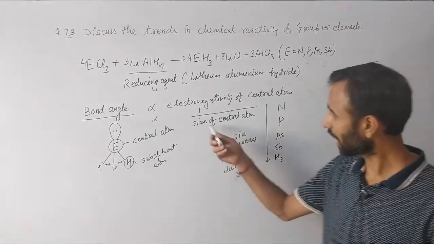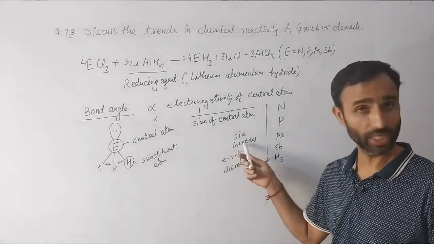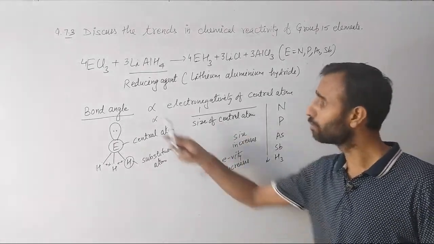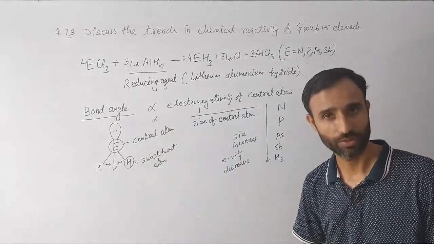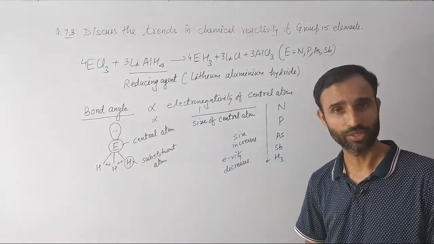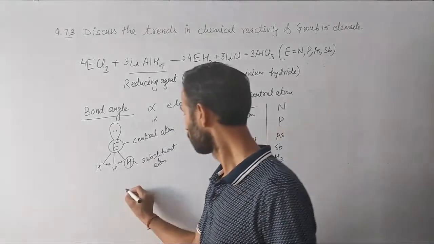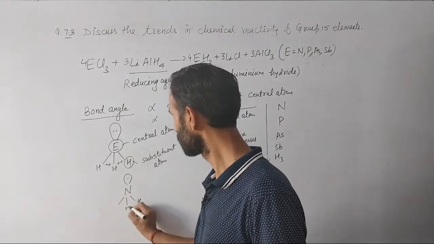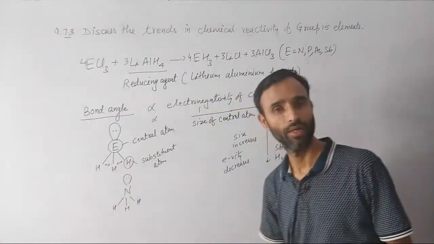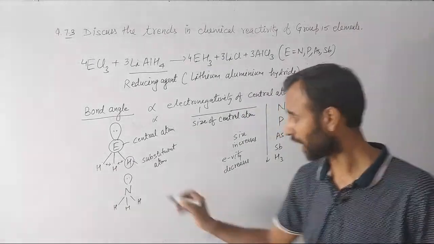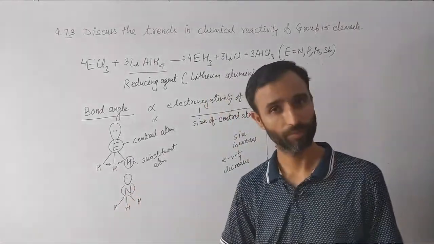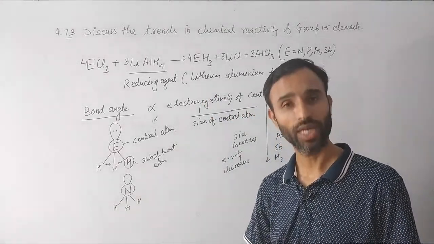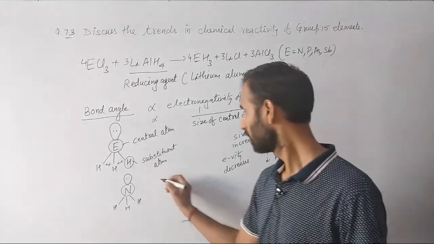So as size of the central atom increases and electronegativity decreases, that's why bond angle decreases. Bond angle decreases means maximum bond angle is for ammonia, because there is nitrogen in ammonia. You know, nitrogen is smallest in group 15 and its electronegativity is maximum.